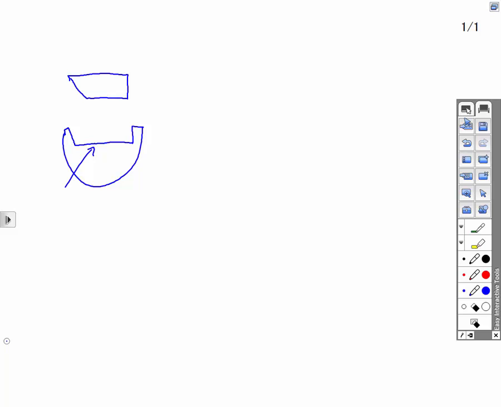It's not an exact fit, but it is what they call an induced fit model, so that when that enters, the enzyme may change shapes a little bit in order to make an exact fit. This is the substrate, and so it's going to go into that.